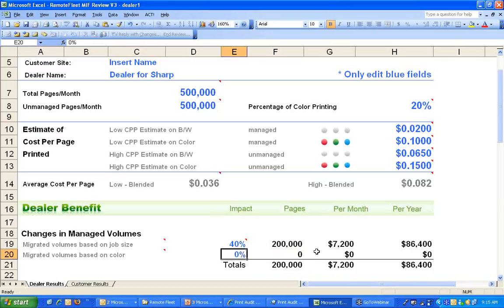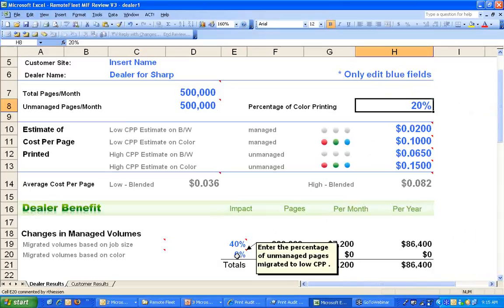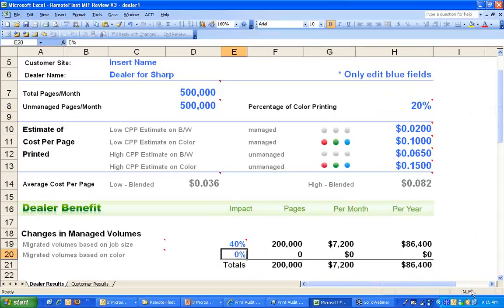And the color does the same thing. If we were to start migrating jobs over to the multifunction device just on color content alone, we can see that only 20% of the printing has color in the first place. So if we were to produce a message that informed the user that, hey, this job includes color, why don't you send it to the low-cost color device rather than printing it to the relatively higher-cost device?